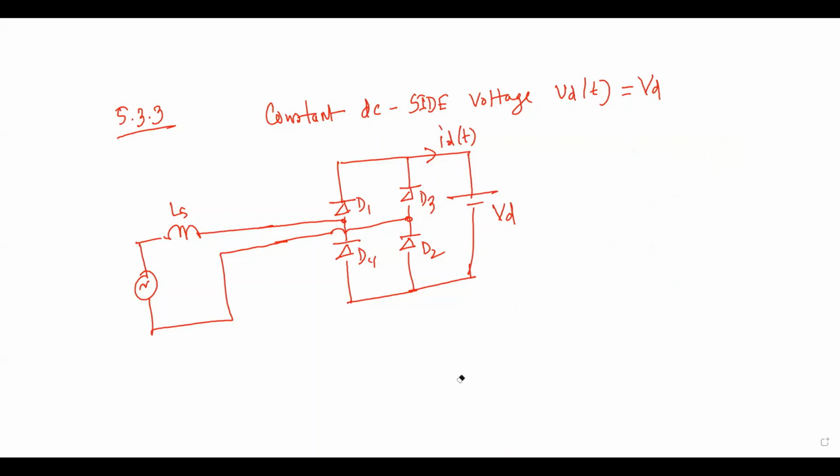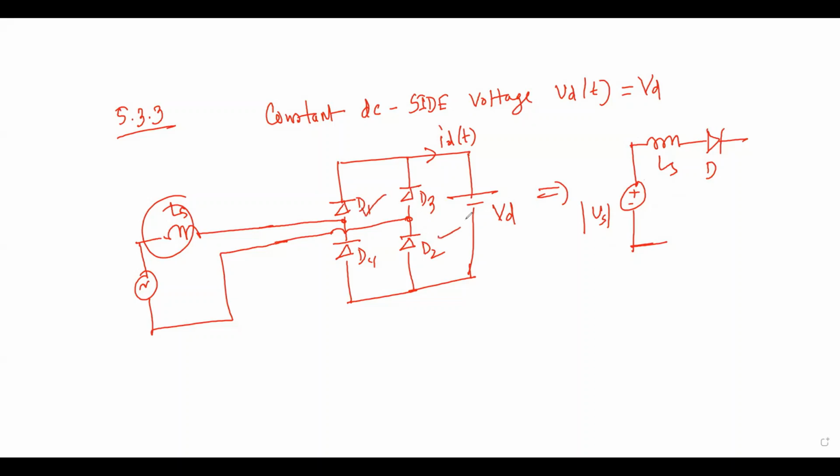Normally people replace this circuit with an equivalent circuit. This is Vs, because for the positive half cycle and negative half cycle you will get the rectified wave. This is the inductance LS, and this diode represents all the diodes.